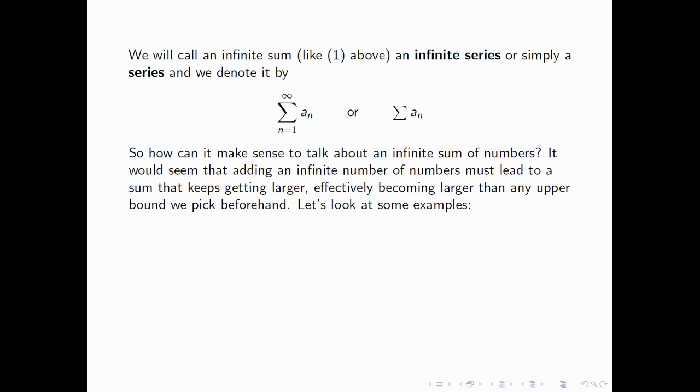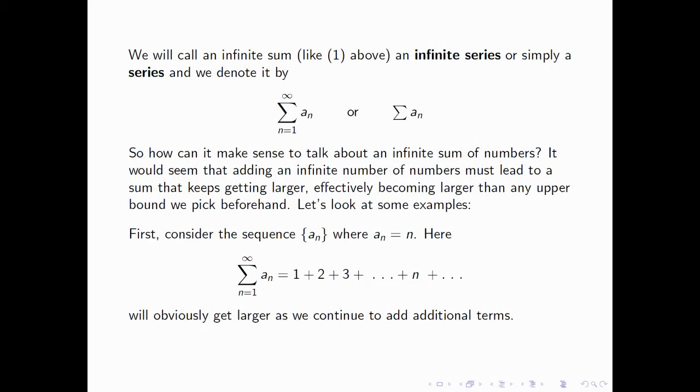They'll just get larger and larger and larger, which means we always get infinity. For example, look at the sequence a_n where a_n is equal to n. So a1 is 1, a2 is 2, a3 is 3, and so on. If we had to calculate that sum, what would we get? You can see that this sum gets larger and larger, so it doesn't go anywhere. It balloons up to plus infinity.